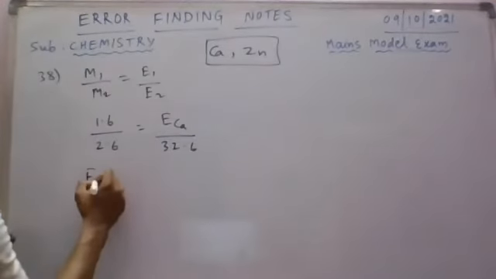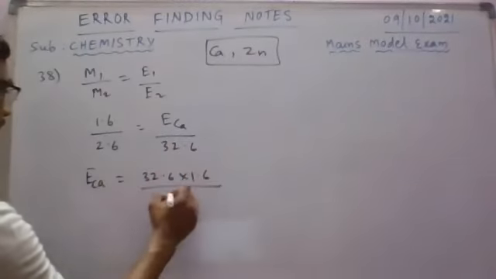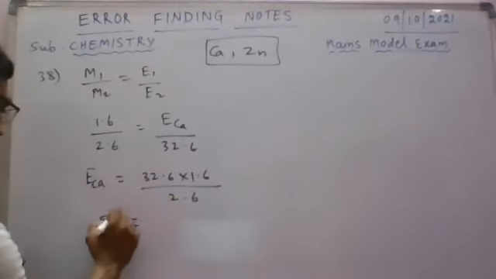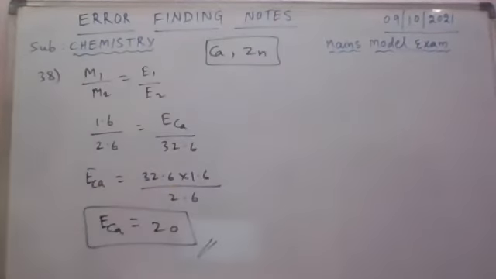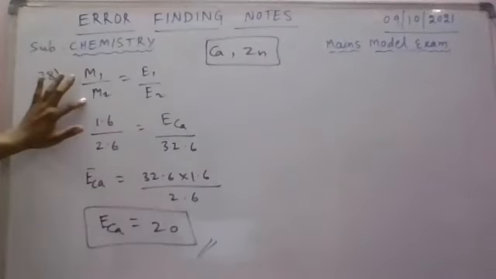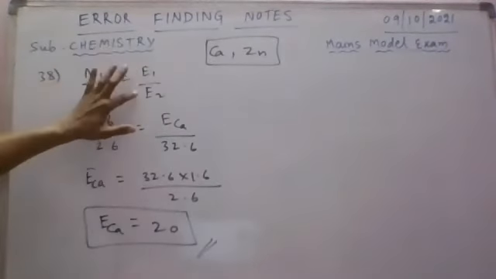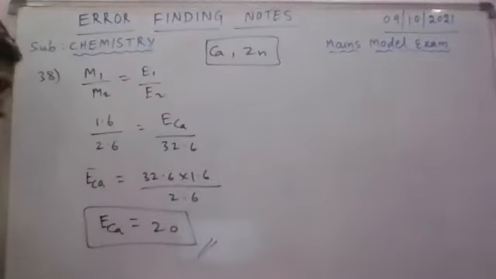If you simplify this, the equivalent weight of calcium is equal to 32.6 into 1.6 by 2.6. Here you get the equivalent weight of calcium as 20. Simple formula: mass of metal 1 by mass of metal 2 equals equivalent weight of metal 1 by equivalent weight of metal 2. Metal 1 calcium, metal 2 zinc.